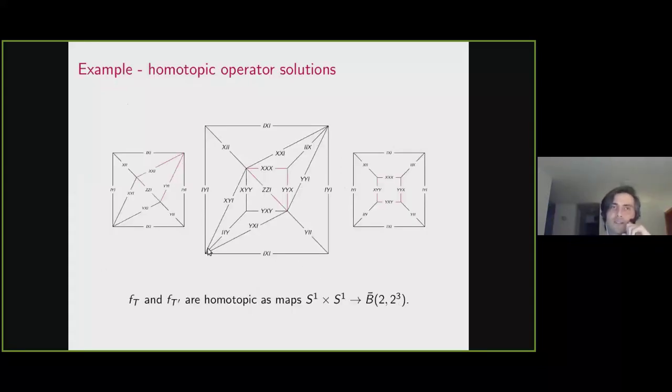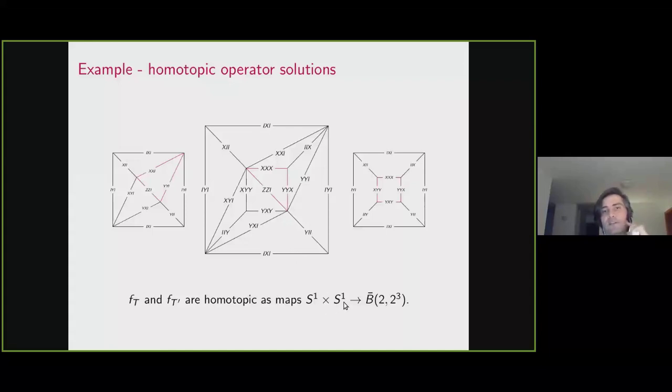In the case of the square and the star examples, these are very useful because if you look at them together and upgrade the Mermin square solution to a 3-qubit solution by appending an identity from the right, we can think of these 2 solutions as 3-qubit solutions, and then we can construct a homotopy between the maps corresponding to these operator solutions.